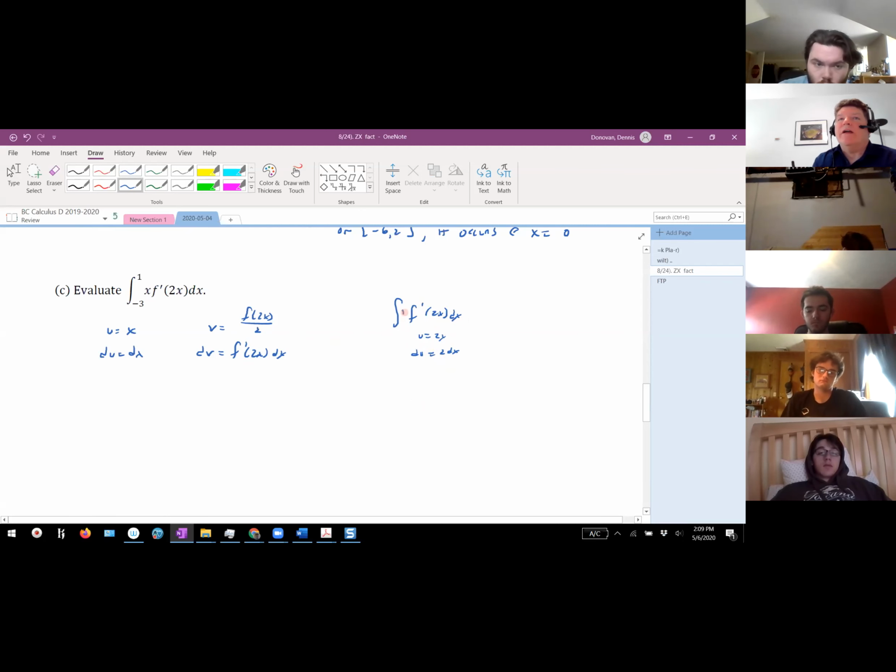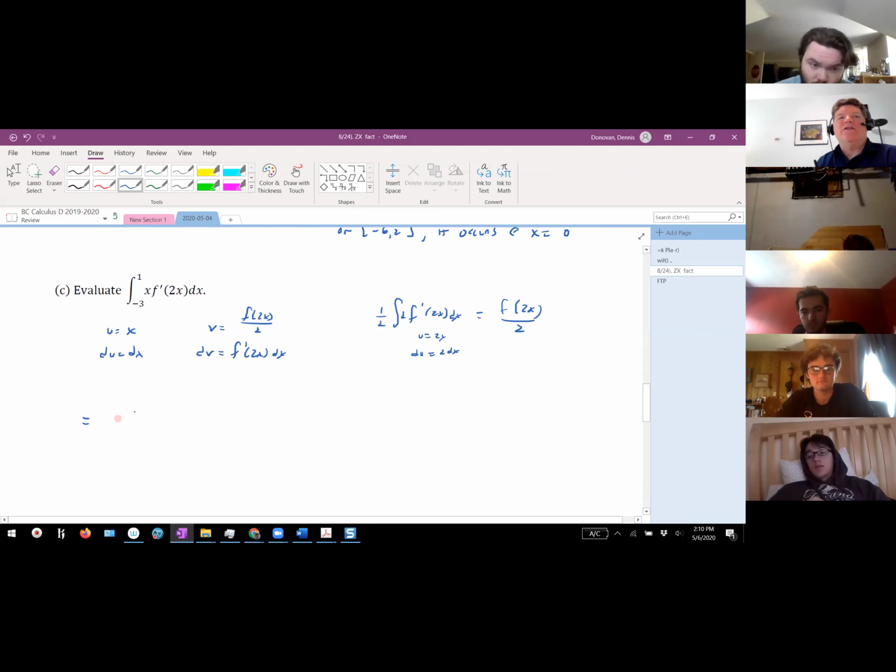If I introduce the 2 inside, and we did this the other day, I can introduce a 1/2 out front, so I just neutralize that, and I'm really only multiplying by 1. So inside here, I have f prime of u du, and the antiderivative of f prime of u is f of u. So it's f of u times 1/2. Okay, so that's where that comes from.